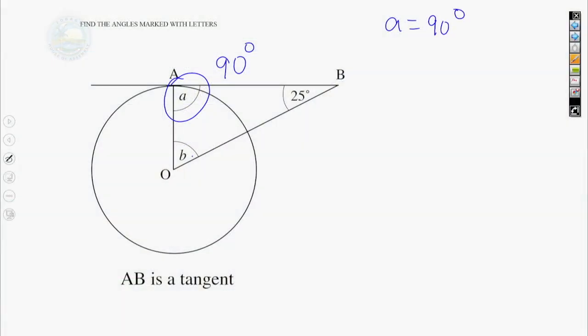Now what about this one? Well, AOB, and if we were to trace it, so let me just erase all the extra things right now. Let's trace from A to O to B and back. That is a triangle. And again, the sum of the interior angles of a triangle is 180 degrees.